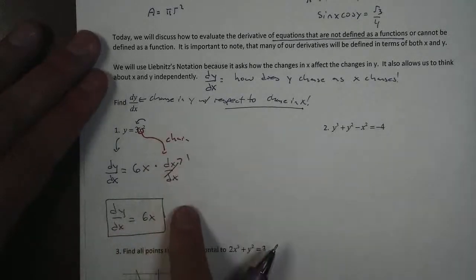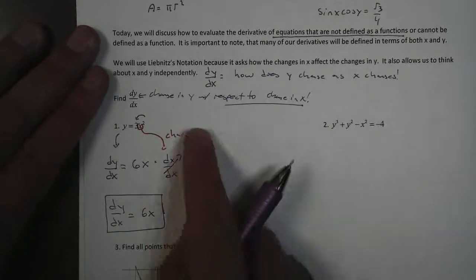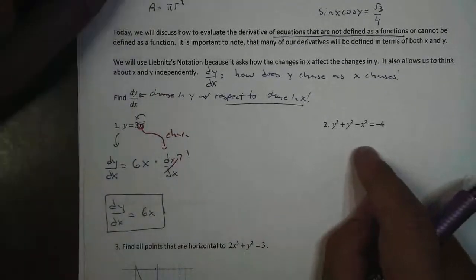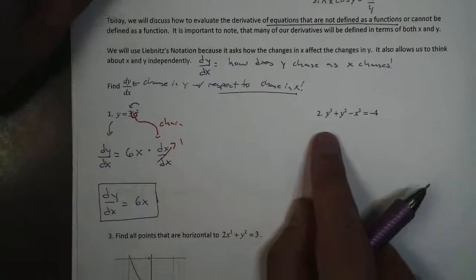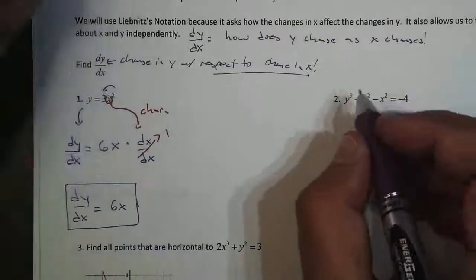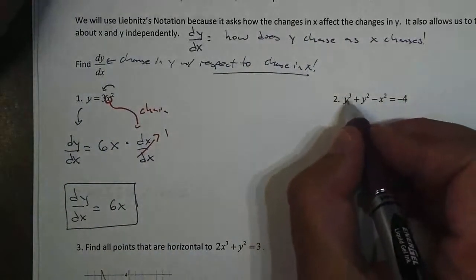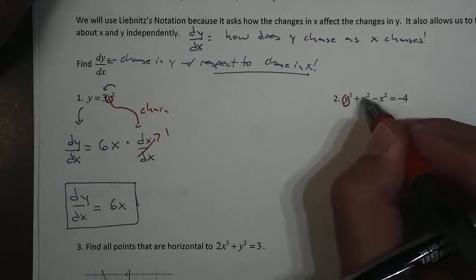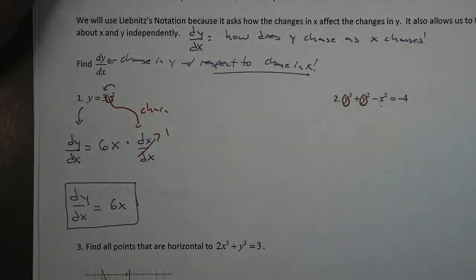Now, I know this one you all finished like in a second, but I just want to show you what we did here, we're going to apply to all of these. So let's take a look at number 2 real quick. Let me zoom in here real fast. When we take the derivative, anything that has a y, I'm going to treat this like a chain rule. I'm not going to worry about the x's.